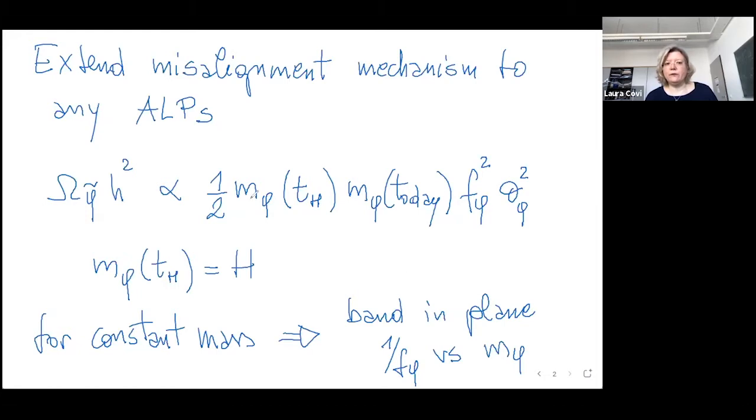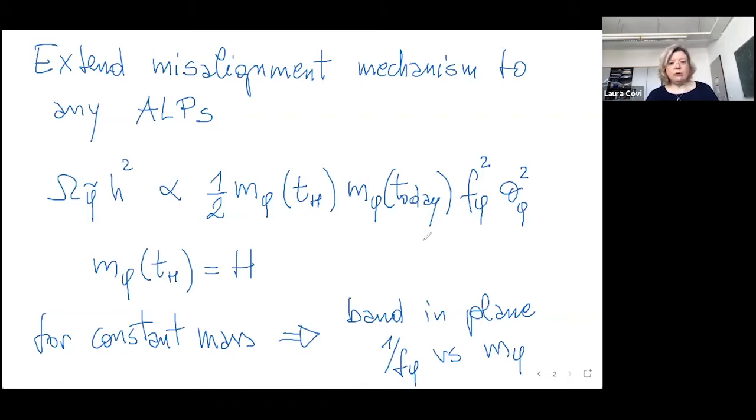Of course, in this case, you can change the behavior of the mass. You can change it because you do not know where the mass of this ALP particle is really coming from, and you can also change the value of f phi and m phi. So in that sense, you have a little bit more freedom. In the case of the QCD axion, we saw at the end everything depends only on one scale f_a.